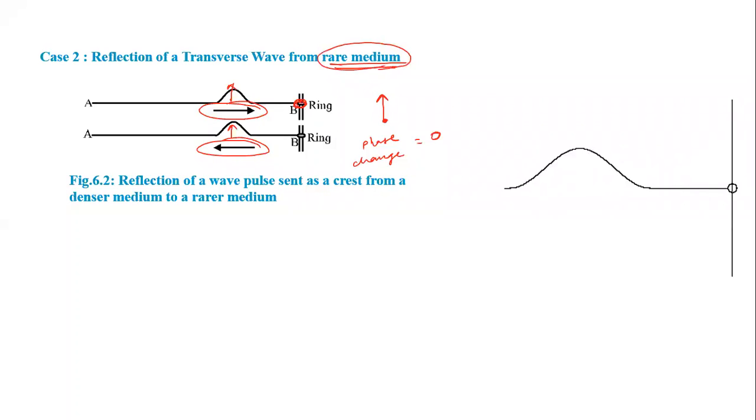In a denser medium, phase change is pi or 180 degrees, or we can say the phase is opposite. But here the phase change is zero. It means the reflected and incident waves have the same phase. Phase change is zero, or phase difference is zero. If they are the same, the difference is zero.